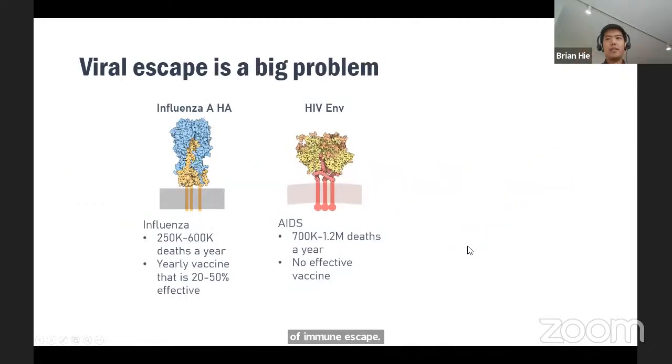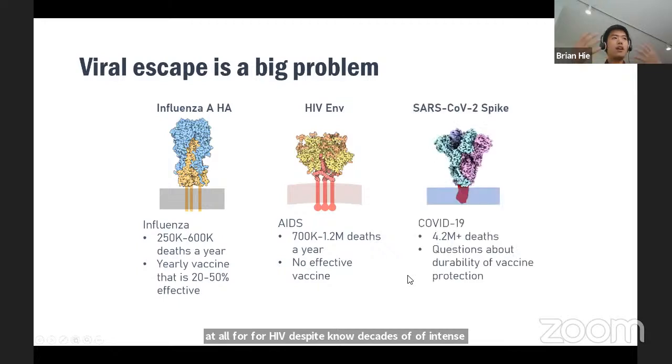Viral escape is a pretty big problem. It's the reason why we don't have a universal vaccine for influenza, why you need a yearly flu shot. It's the reason why we don't have any effective vaccine at all for HIV, despite decades of intense research effort. And there are questions about the durability of vaccine protection for SARS-CoV-2.